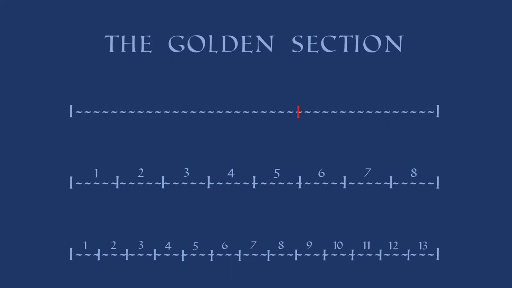It's not quite the same as the golden section, but if you look at that division between 5 and 6, the one here highlighted in red, that's very close to being at the golden section of the line, but it's slightly off because it's a rational approximation, so it can't be precise.